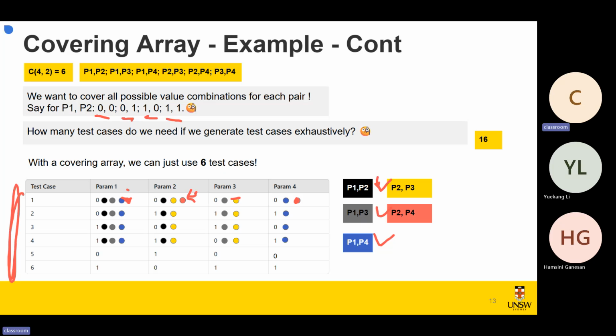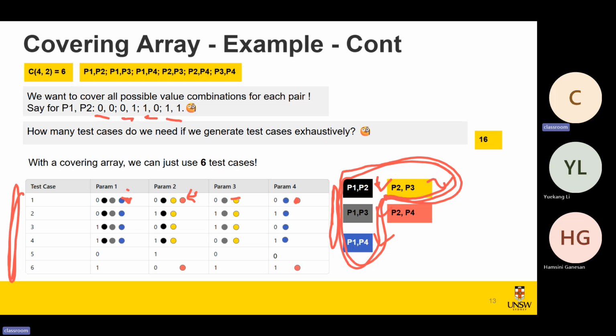So now, all these 4 pairs, we can use the first 4 test cases to cover, right? So the first 4 test cases are enough to cover all the combinations for these 4 pairs. But for P2 and P4, for the case of 0, 1, we have to introduce another test case.